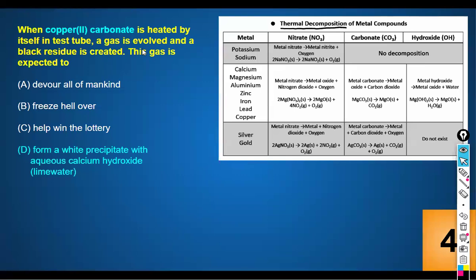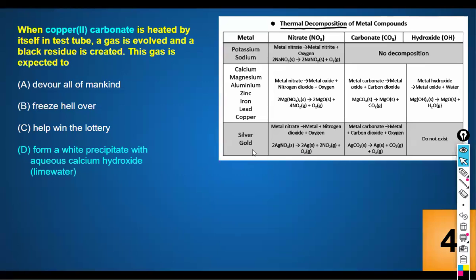Different things, if you heat them, will naturally break down into different substances. So this table is supposed to give you an idea of how different substances break down. But I know from experience, the average person is not going to memorize this table. You all have so much, how many subjects are you all doing? 8 or 9 subjects? You all are not going to memorize this. So this is a question I want you all to remember.